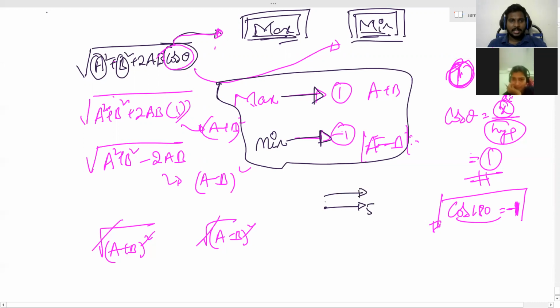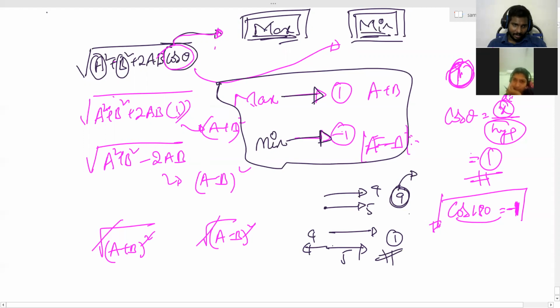For example, two forces applying in the same direction, the total maximum force will be 9 newtons. But if you are applying 5 here and the opposite direction is applying 4, the resultant will be 1 in this direction. So 1 is the minimum value possible and 9 is the maximum value possible. If you change to any other angle, it will be in between 9 and 1 only.